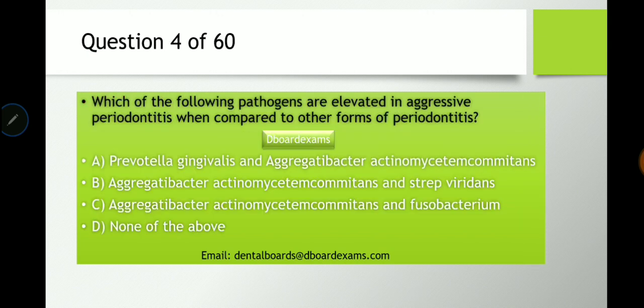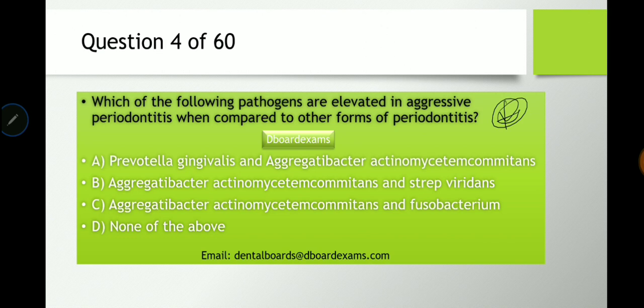Question 4 is, which of the following pathogens are elevated in aggressive periodontitis? This is a key question, when compared to other forms of periodontitis.